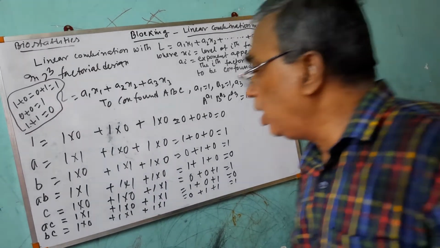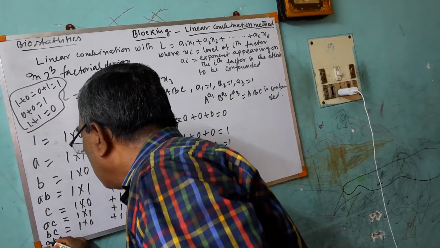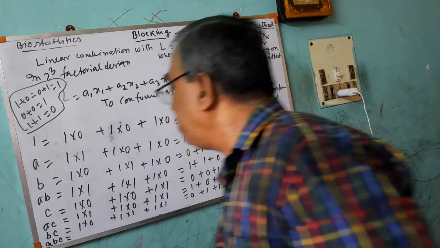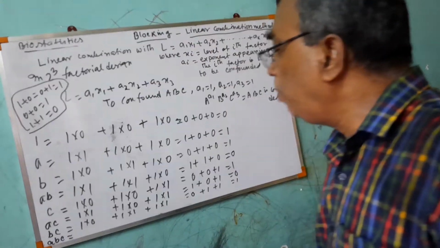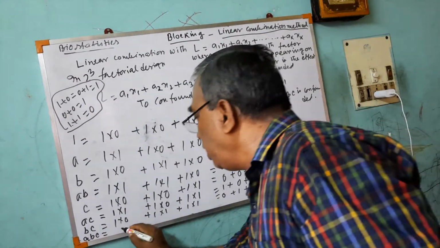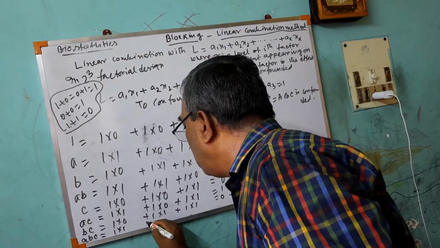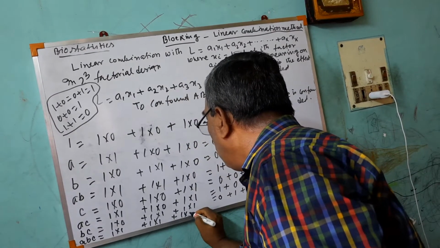Again ABC, last one. In case of ABC, again you have to write all are 1. That is x1 1, x2 1, x3 1. So 1 into 1, follow me, 1 into 1 plus 1 into 1 plus 1 into 1.